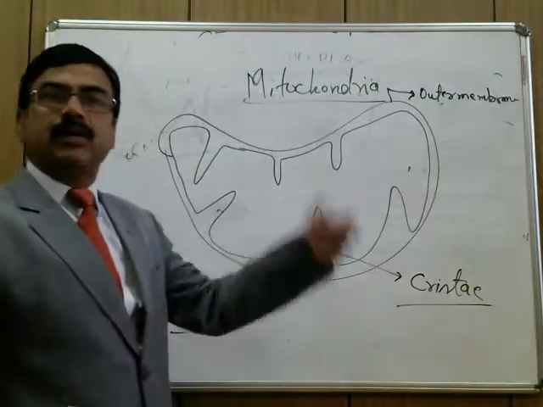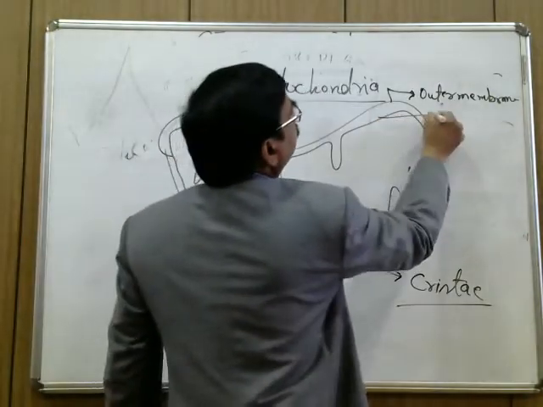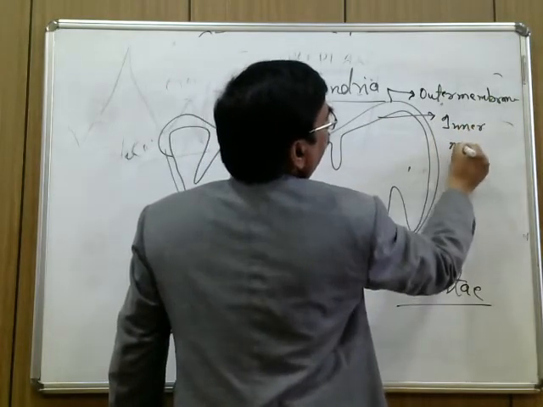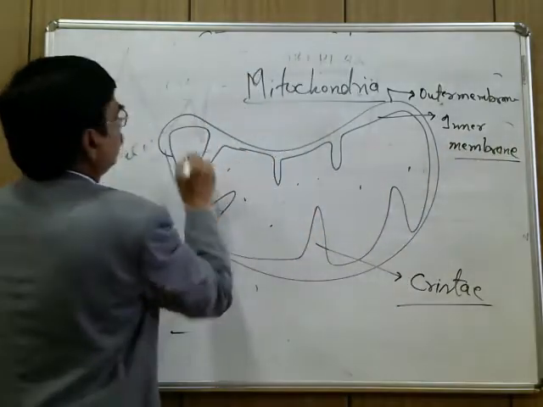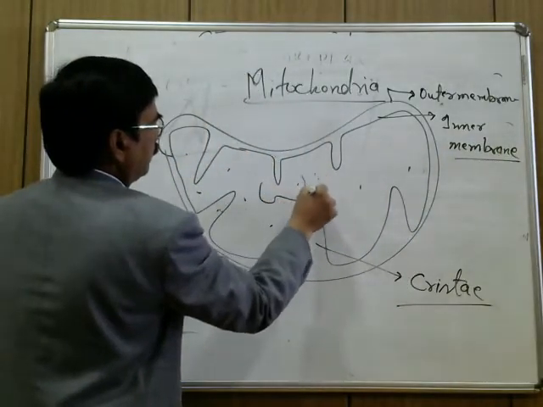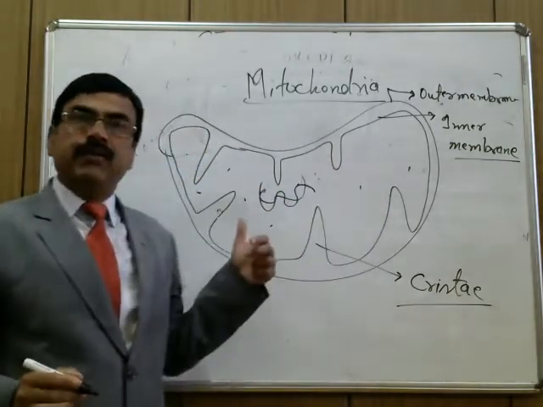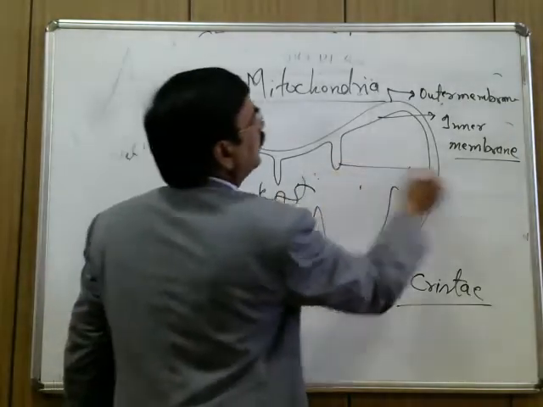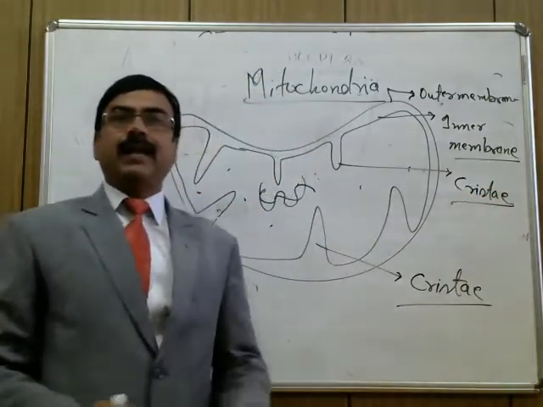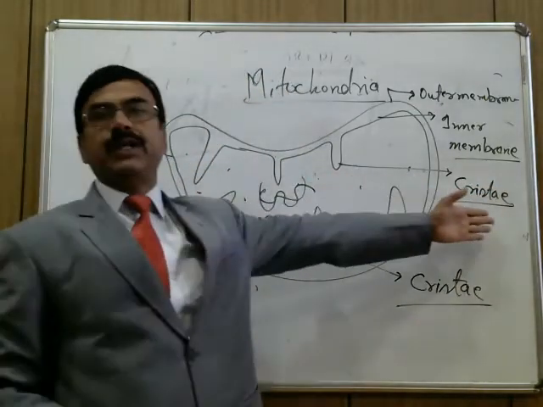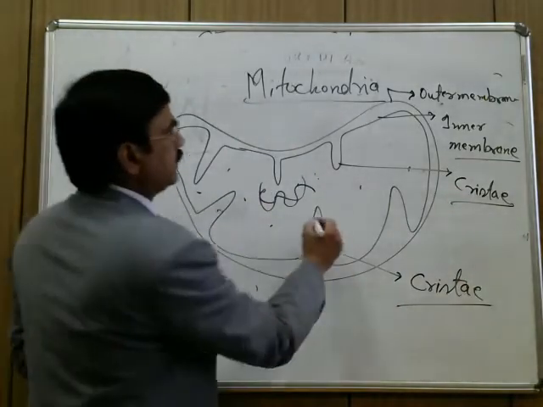Outer membrane is present outside and inner membrane is present inside. These inner membranes are enfolded and they are making the finger-like projections, and those are called cristae. And these cristae contain many F1 particles.